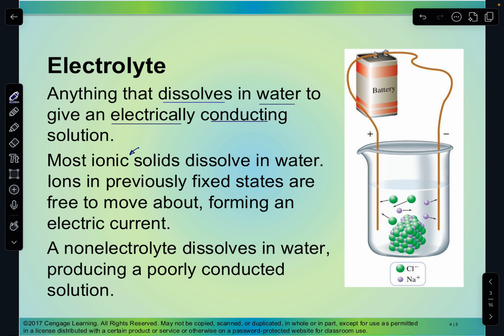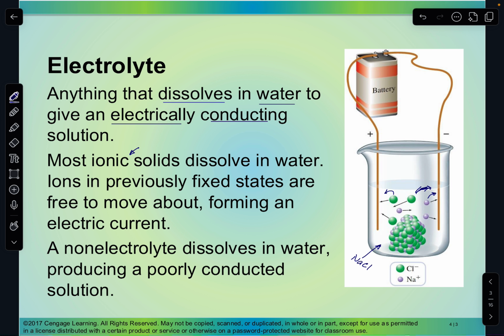And the electrical current is going to be able to do exactly what I said. So the negative part is going to go toward the positive end, and the positive parts are going to go to the negative end. Meanwhile, this chunk of NaCl here is going to dissolve. It's going to break apart when you put it into water.